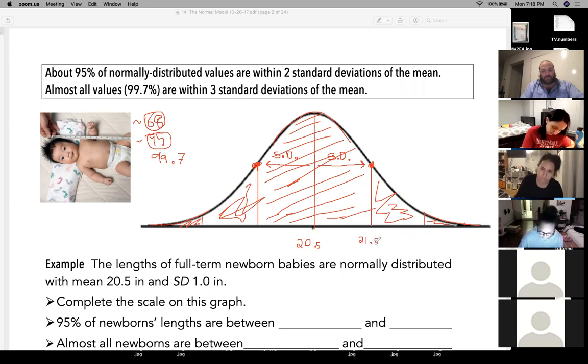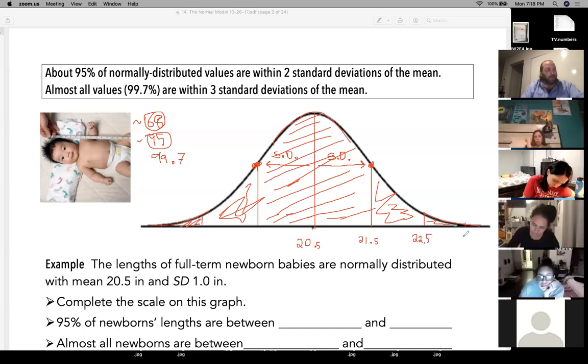21.5. And if I go here, what's this one going to be? 1 inch less. Well, no, I'm still moving to the right. 22.5. And if I go 1 more, what would that be? 23.5. Now, if I go to the other side, like a normal person would do only after finishing one side, and I get to this one right here, what would that be? 19.5.